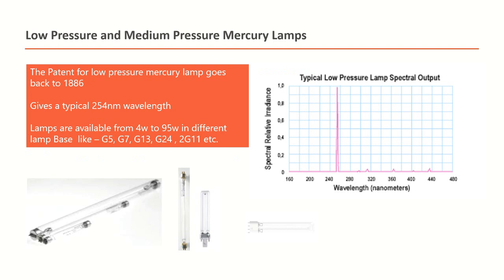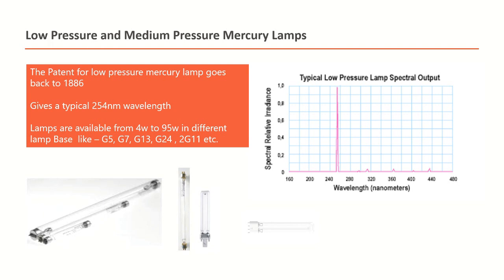In case of low pressure mercury vapor lamps, the patent for which was issued way back in 1886, these lamps typically give a 254 nanometer wavelength for approximately above 90% of their output. So it is one of the major lamps used for virus deactivation or disinfection.